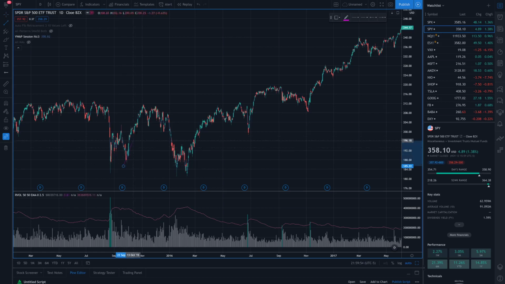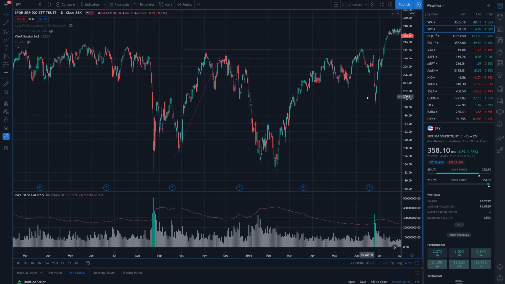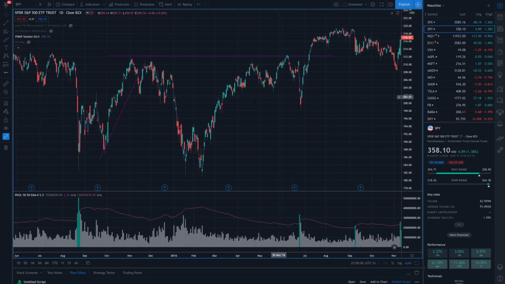So let's draw this here. It was moving up, and eventually it hits a top right there. And let me zoom in. And then eventually it pulls back. So it's an upwards trend, hits a top, falls back down, hits a bottom, and then comes back up.